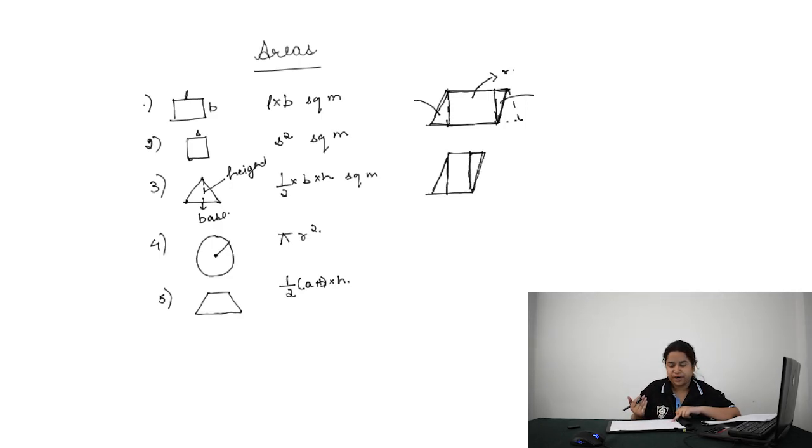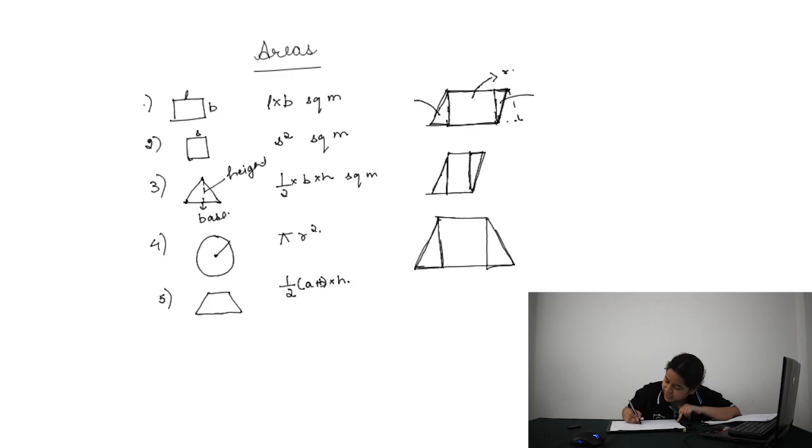Let's go for trapezoid now. While talking about trapezoid, it is a figure which has two sides which are parallel to each other, of different lengths. So here also you can do the same thing. You can divide it into two triangles. You know the length of this, and then you can calculate the area of this portion.